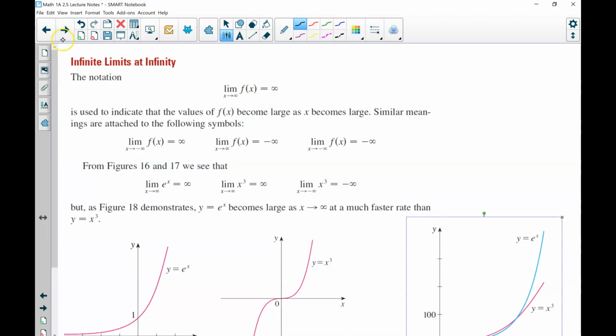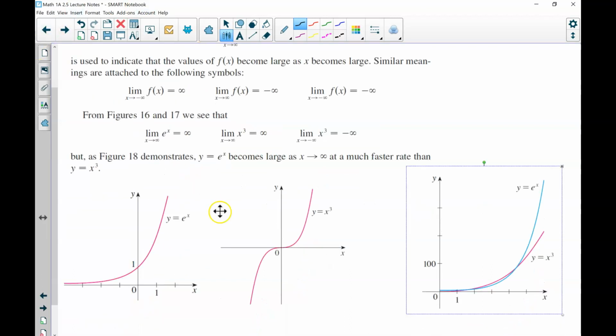If you take a look at figures 16 and 17 here, the limit of this function as x is approaching positive infinity is going towards positive infinity. For the cubic function, the limit as x is approaching positive infinity, again, is approaching infinity. And the limit of the cubic function as x is approaching negative infinity is approaching negative infinity.